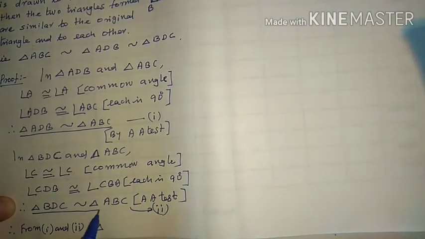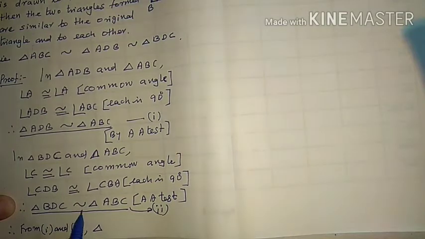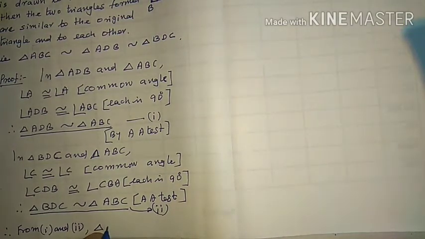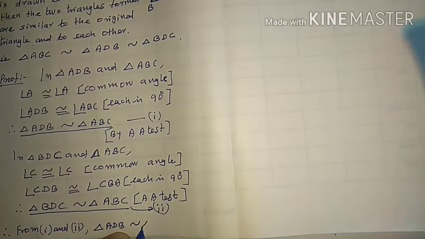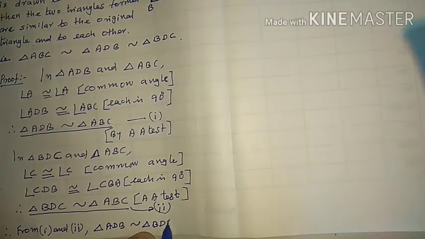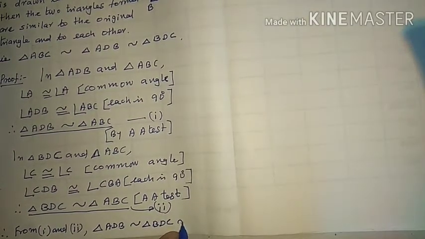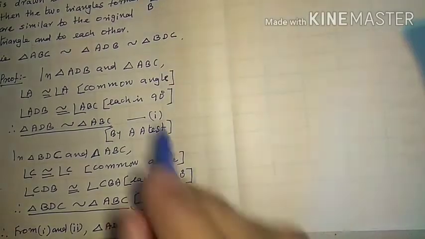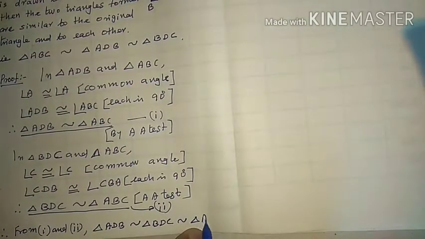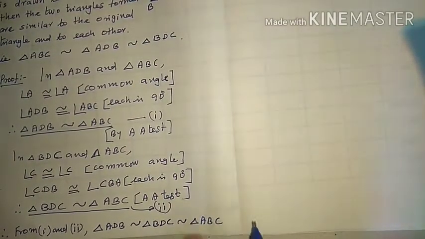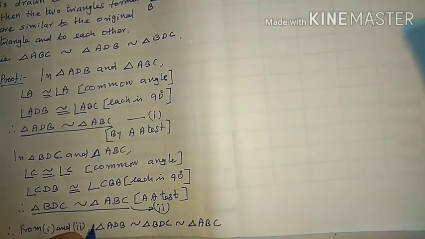The small triangle BDC is similar to triangle ABC. Therefore, we write triangle ADB is similar to the small triangle BDC, similar to triangle ABC. This is what you are getting.